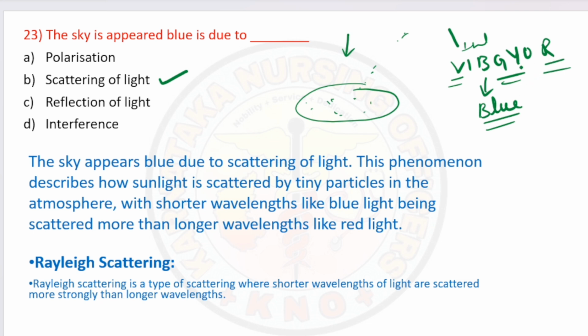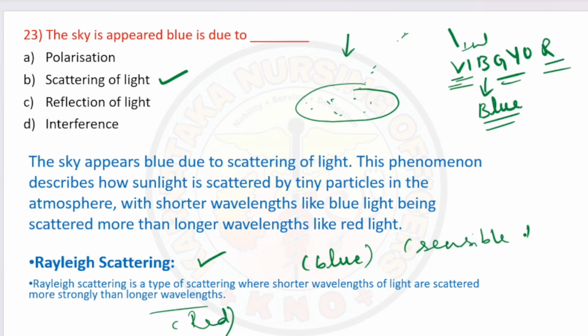Rayleigh scattering is the type of scattering where shorter wavelengths, that is blue, are scattered more strongly than longer wavelengths, that is red. And violet and indigo are not as sensitive to the human eye.